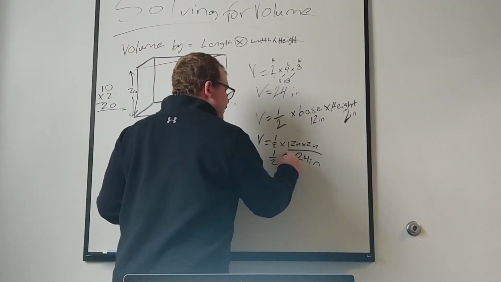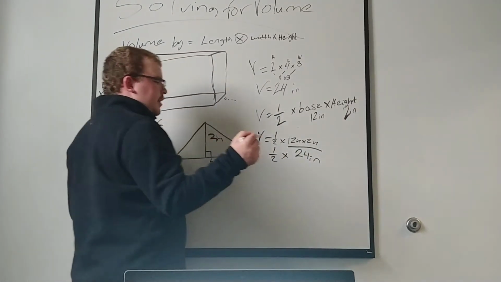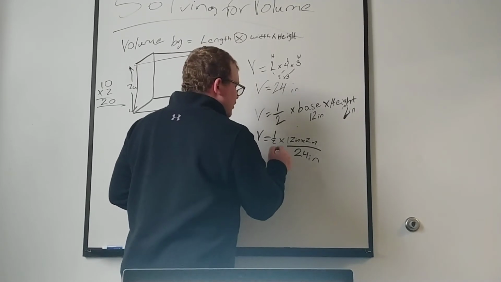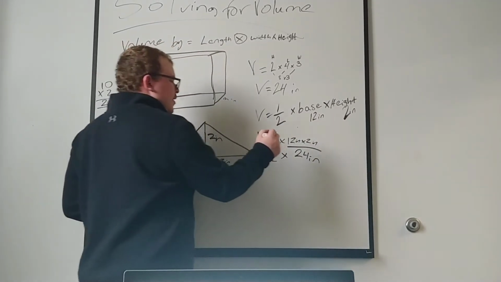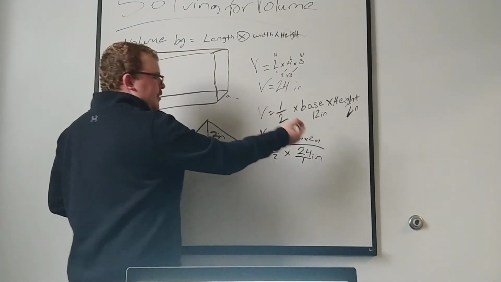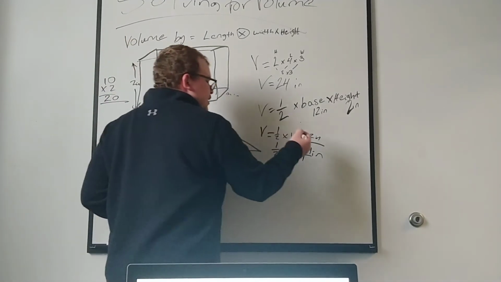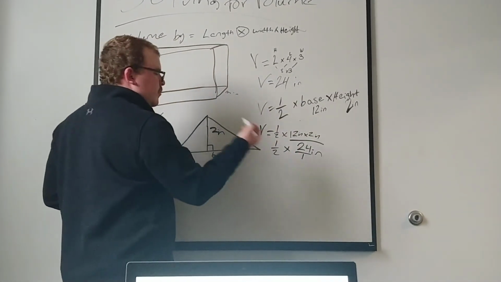Now, if you remember from a couple classes ago, we learned that if we multiply anything by a fraction, we also give the number that's not a fraction its own 1. So it would be 1/2 times 24 over 1.